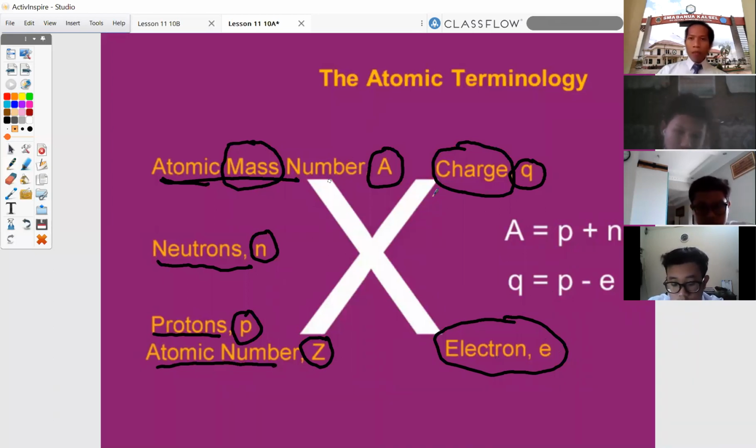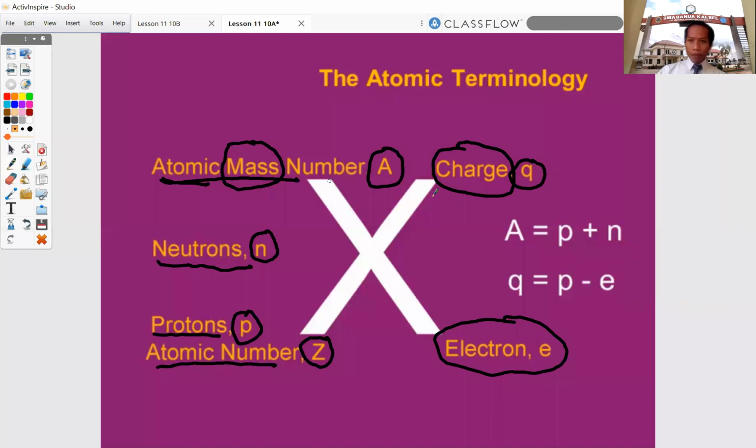And we have some formulas here which are important in calculating the number of protons, neutrons, or the mass number. As you can see here, A is the atomic mass number. Atomic mass number is equal to proton plus neutron. This atomic mass number is the number in the left upper side of the symbol.